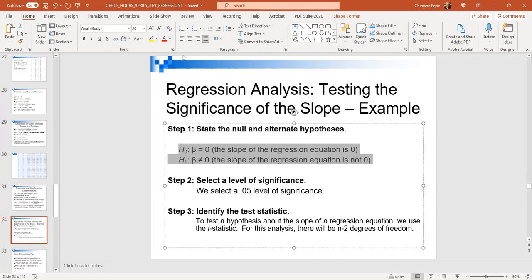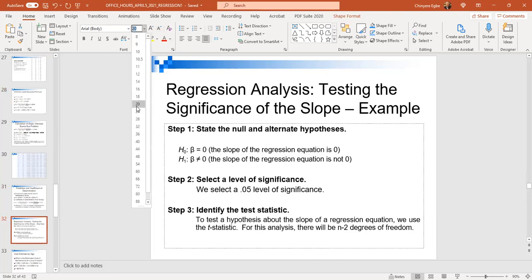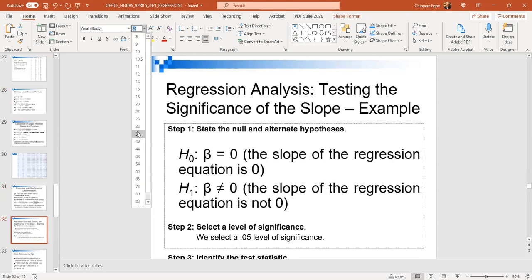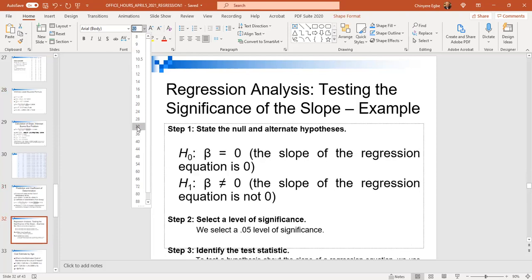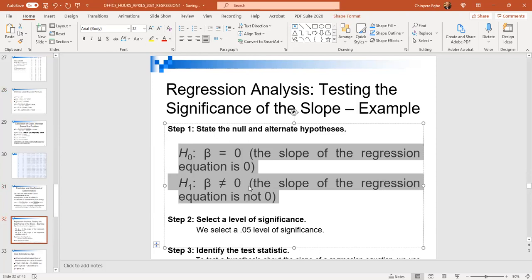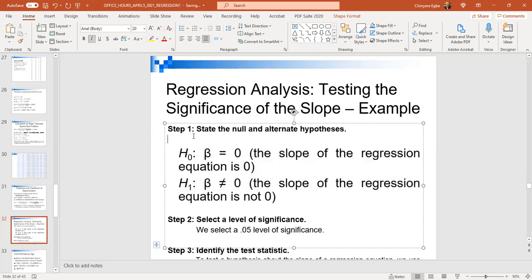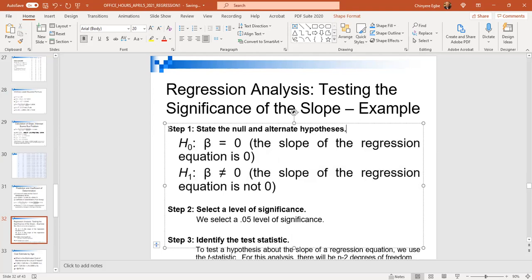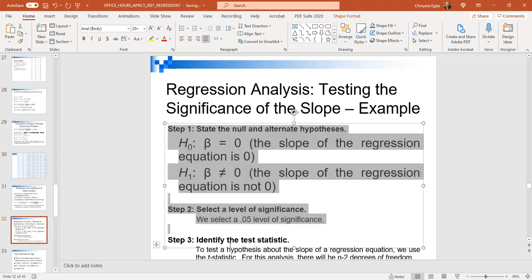Or the alternate hypothesis will be that b is not equal to 0, which is to say that the slope of the regression is not equal to 0. And that means that truly, the age of the bus is what explains maintenance, okay? So how do we go about doing that? That is what we're going to do next.